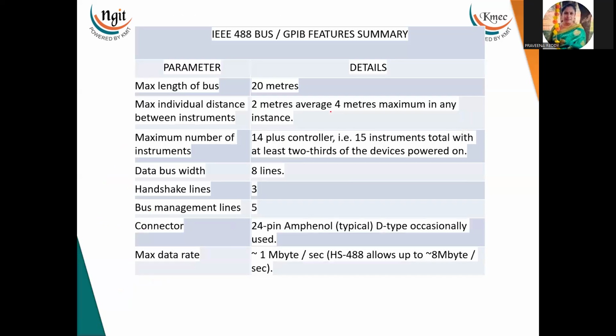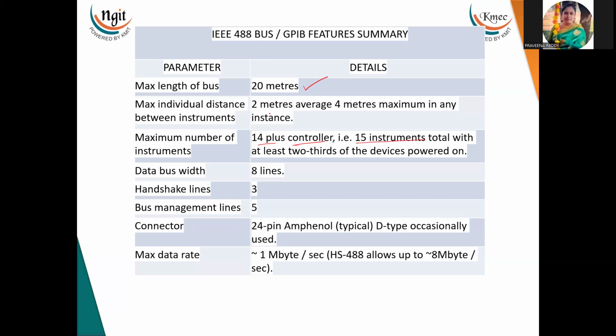Now we will see a few specifications or features. The IEEE 488 bus maximum length is 20 meters. Here we are connecting a total of 14 plus 1 controller. The controller is a computer, right? 14 plus 1 computer, so a total of 15 instruments can be connected to this cable.